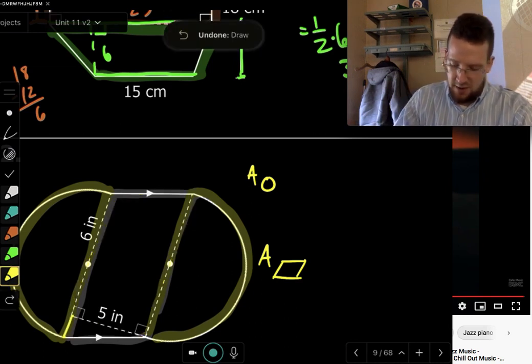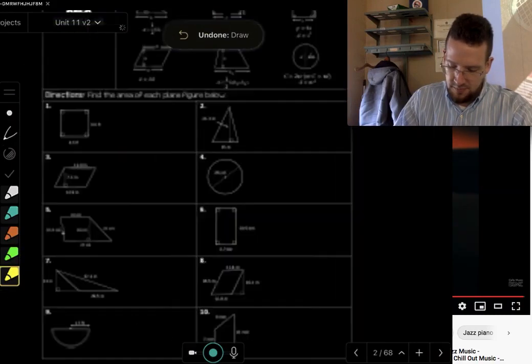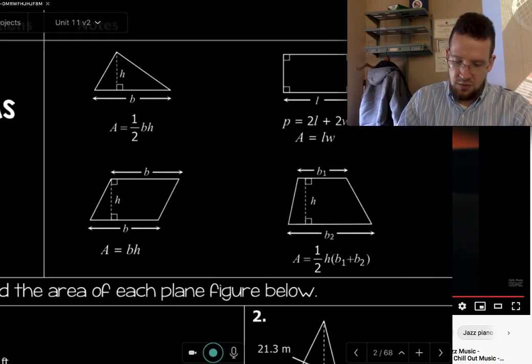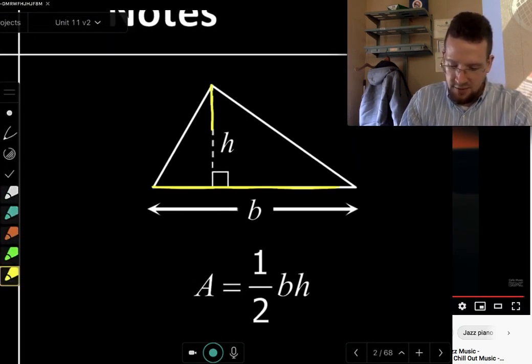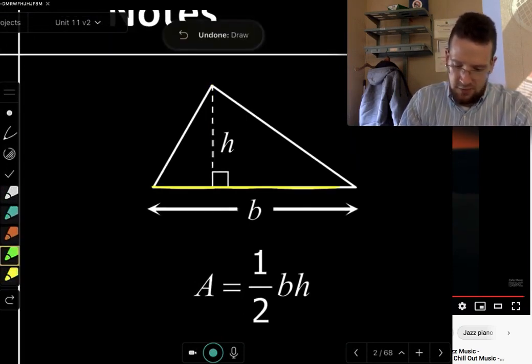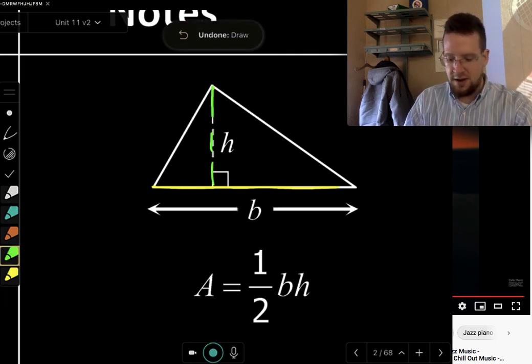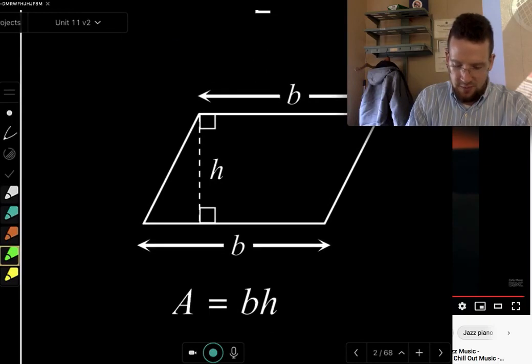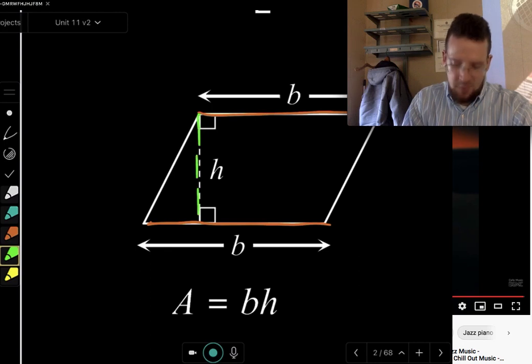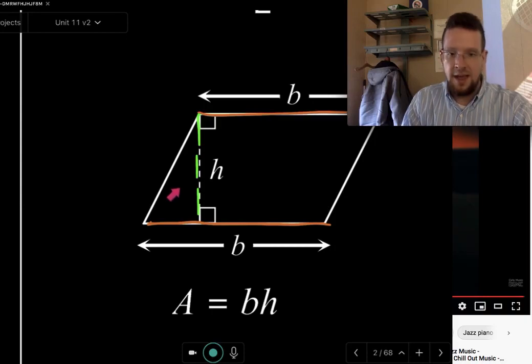If we look back at our notes, you will notice that the heights are perpendicular to the bases, right? So the height here is perpendicular to the base of the triangle, so it makes a right angle.